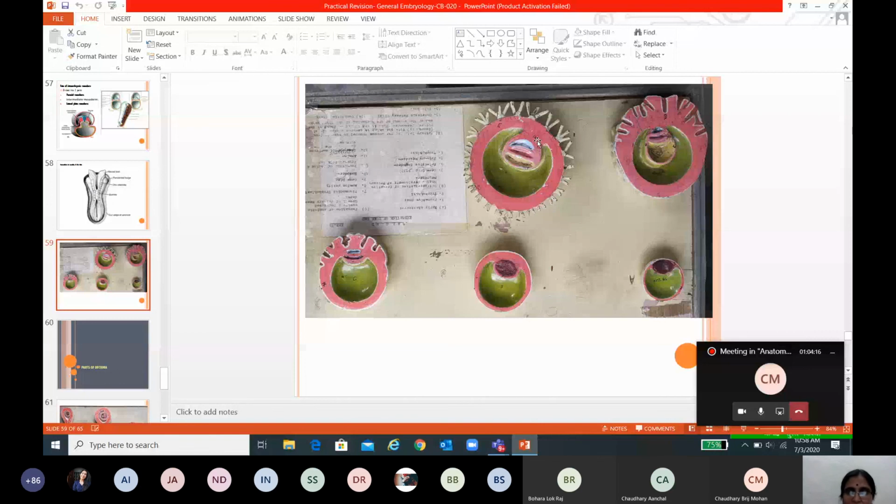Achal? Ma'am, my net got disturbed. Shreya, what is this number 14? Ma'am, trophoblast. No, 14 is... Brij Mohan, can you help her? What is 14?